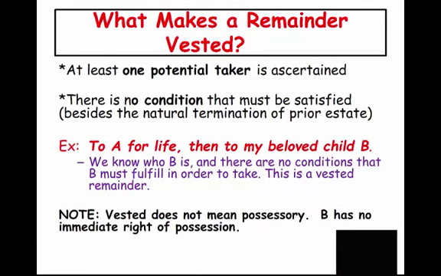Now, note, vested does not mean immediately possessory. During A's life, B has no immediate right to possess the property, but what B has is a guarantee that upon A's death, B's vested remainder will become possessory.